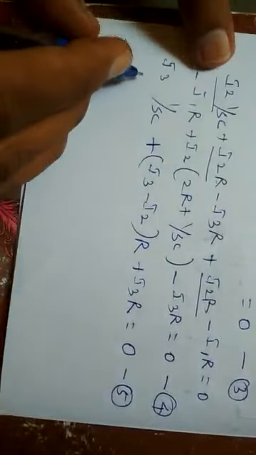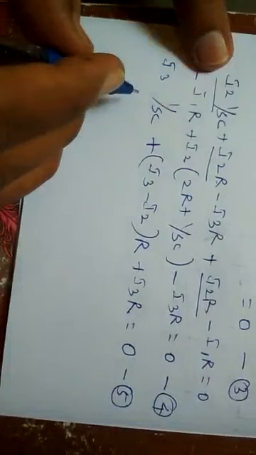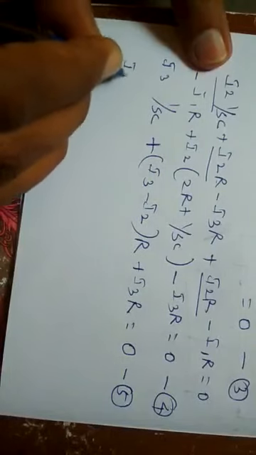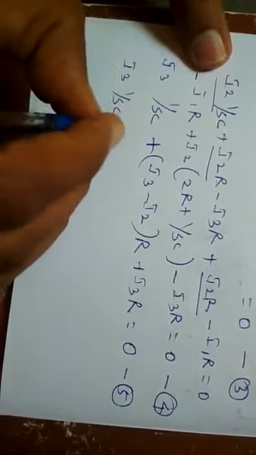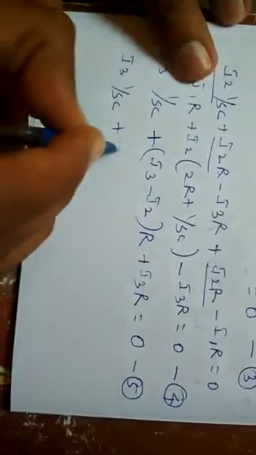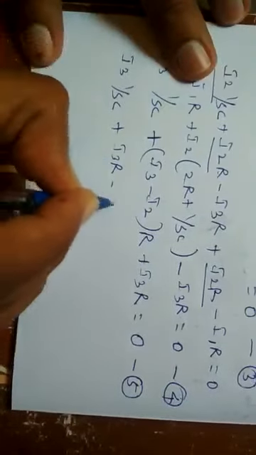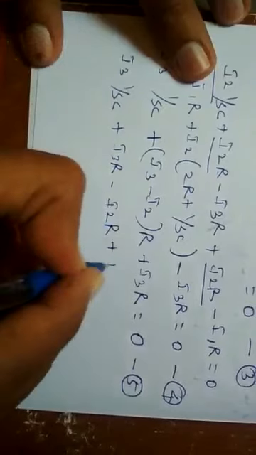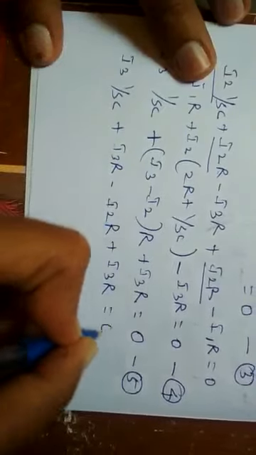We can also expand this as we did in the previous equations. So I3 into 1 by SC plus I3 into R minus I2 into R plus I3 into R equals 0.